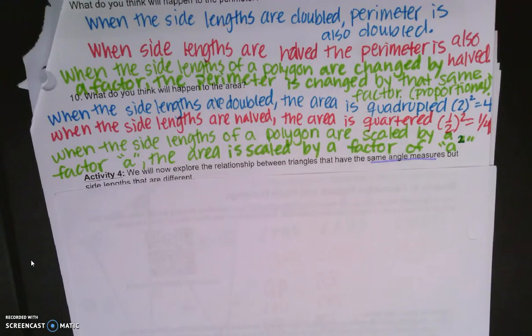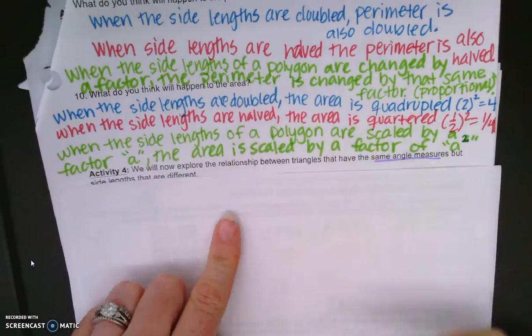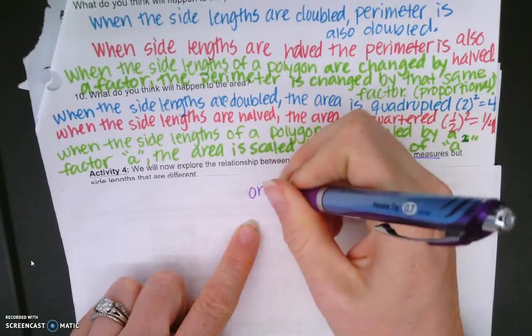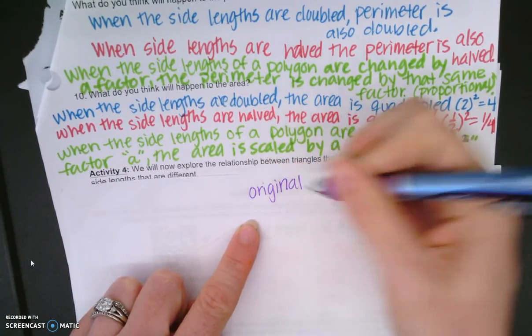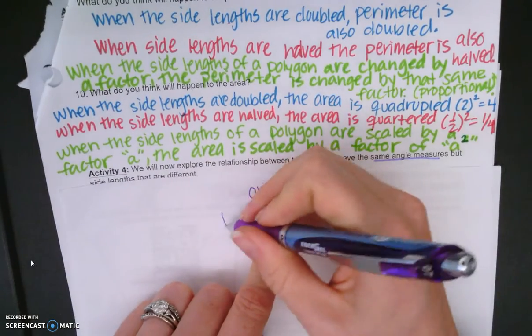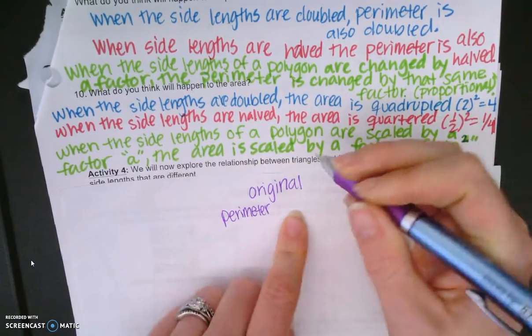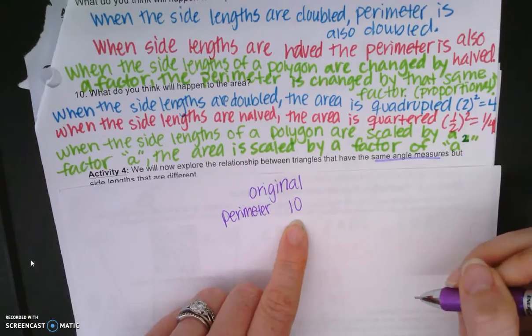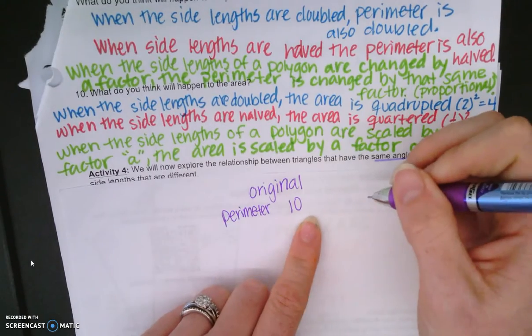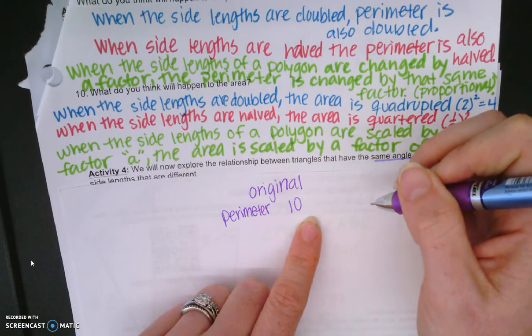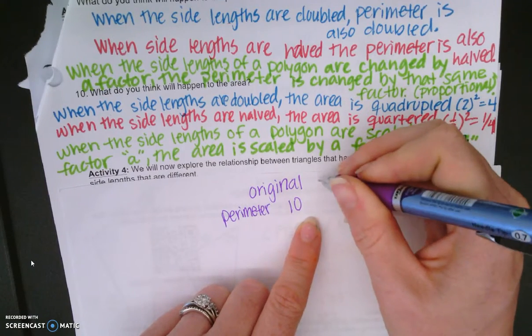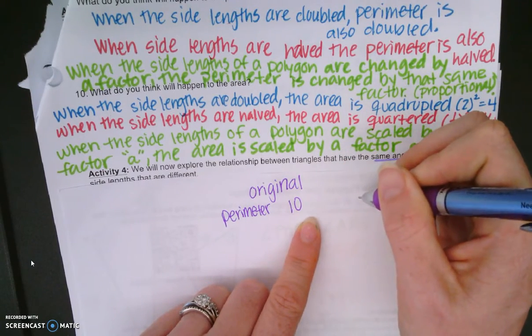So let's think about that. If I have an original and the perimeter of my original is 10, and let's say that my lengths are multiplied by 5. My lengths are multiplied by 5.